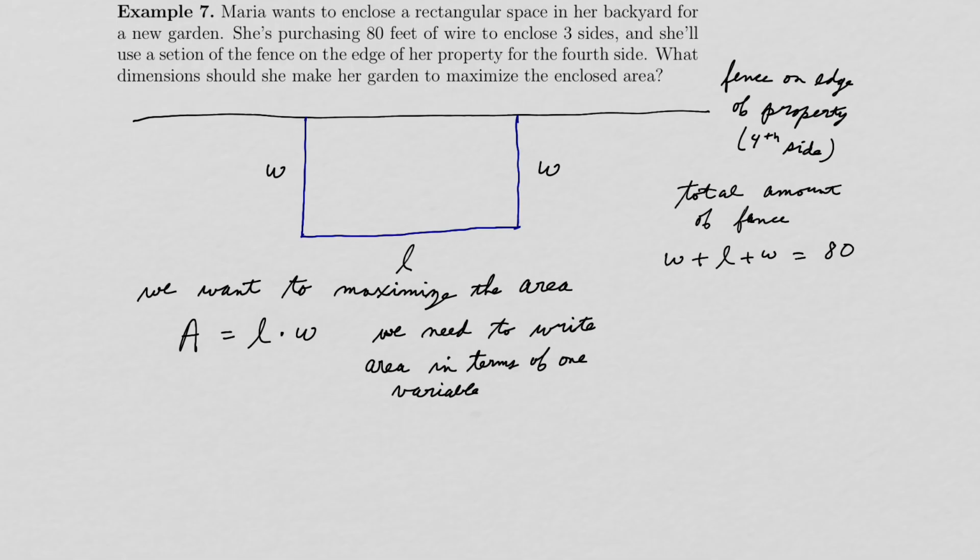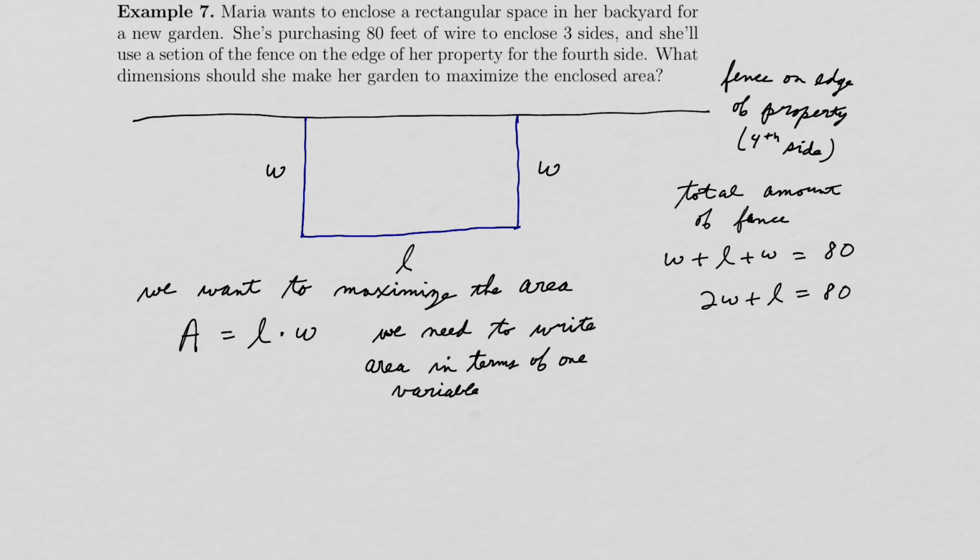So if you think about it, I need this width, so I need that much wire, then I need this length, and I need this width. So W plus L plus W, that's got to equal 80 feet. And then I can simplify this. I can write it as 2W plus L is equal to 80.